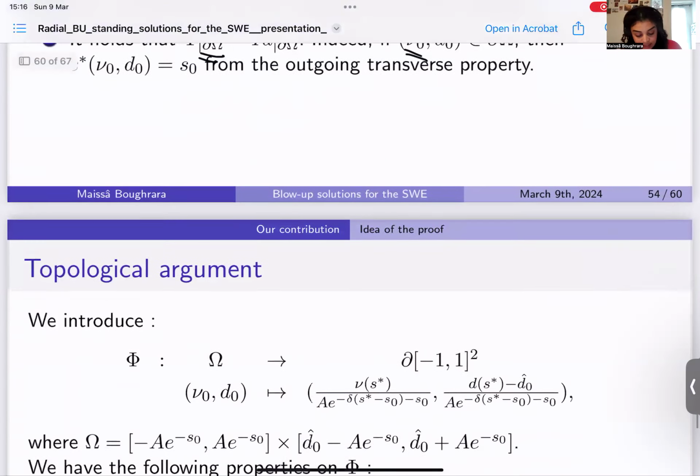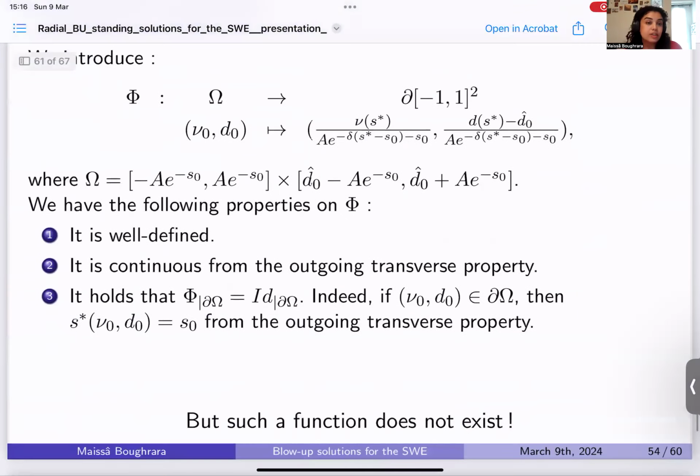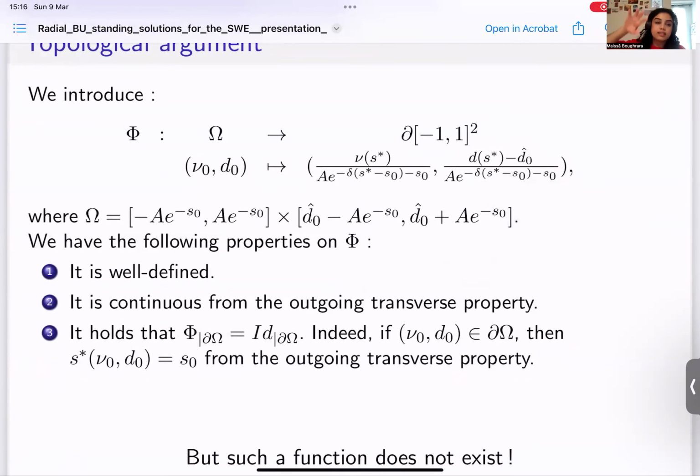But we know that a function that is well defined, continuous, goes from a ball to the border of the ball, and whose restriction to the border of the ball gives the identity, doesn't exist.